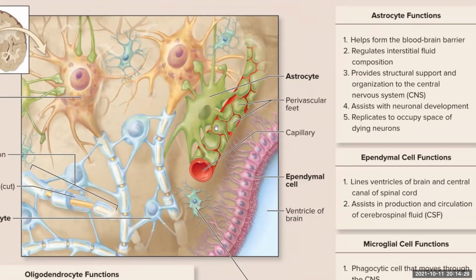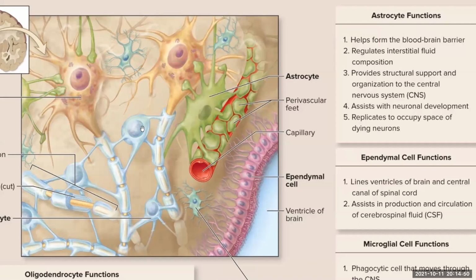And so it plays a big role in helping to transmit certain substances out of the blood and into the nervous tissue. You can also see here some of our microglial cells. They're all over the place, these small little cells here, with their immune function.